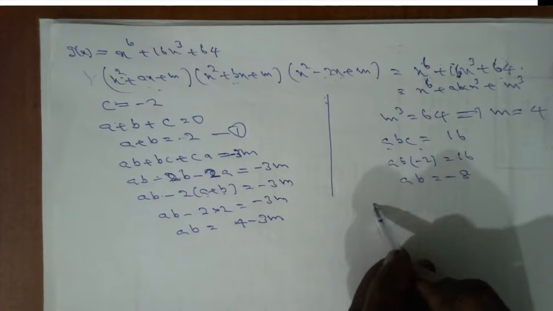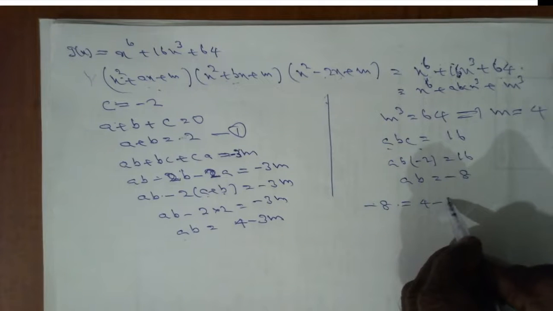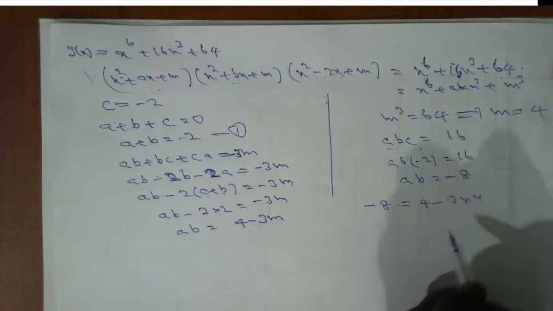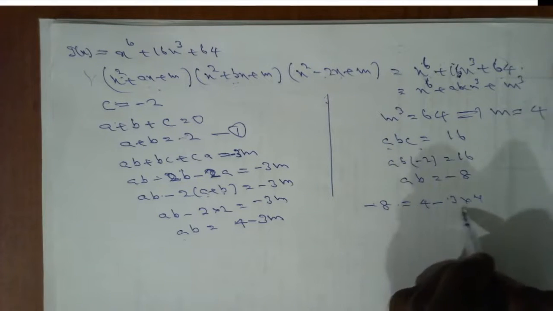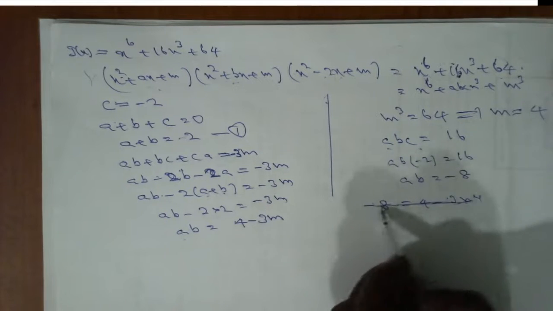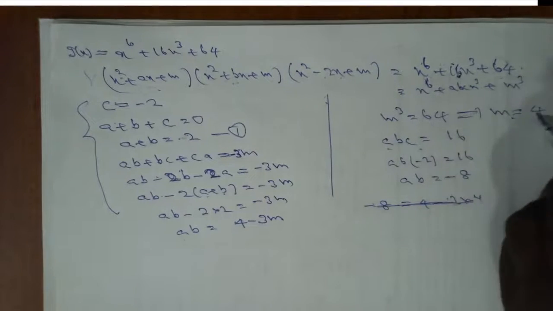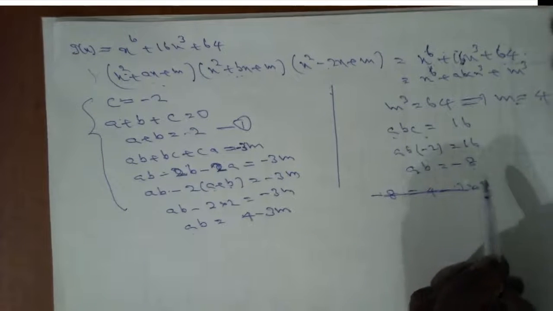If you substitute ab equals minus 8 here, minus 8 equals minus 8, correct. So you don't need these three equations. Straight away you can find m equals 4 and ab equals minus 8, right?